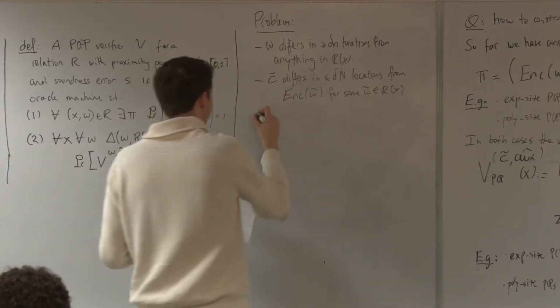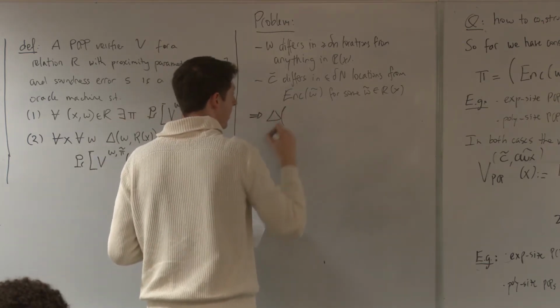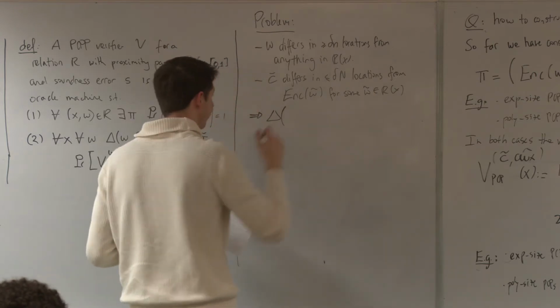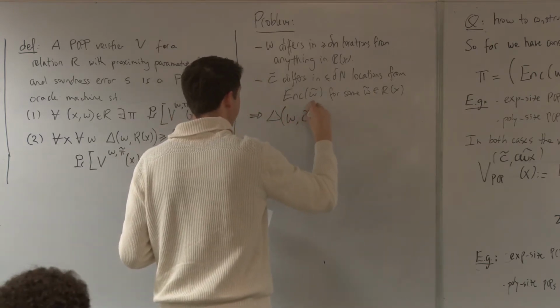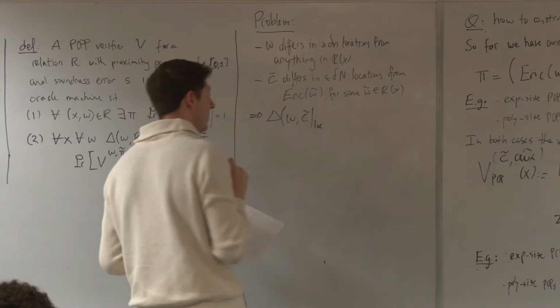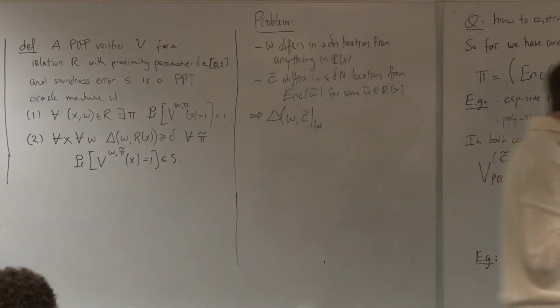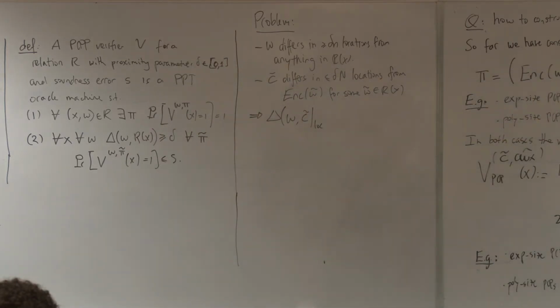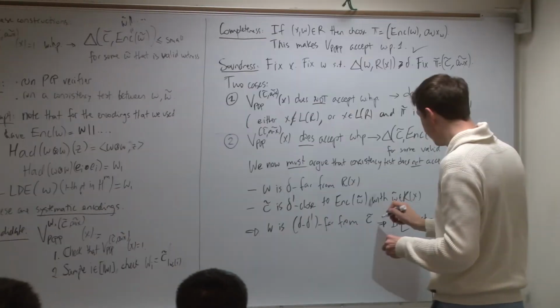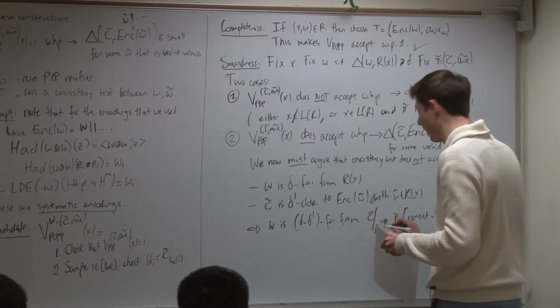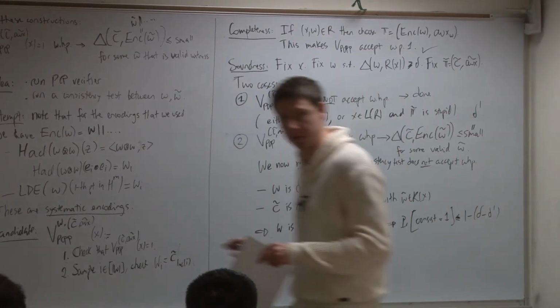So all we can conclude here is that the distance between W and C tilde restricted to the systematic domain, actually I should have been more precise here. When I say W is delta minus delta prime far from C tilde, I meant C tilde restricted to the locations that I look at, right?